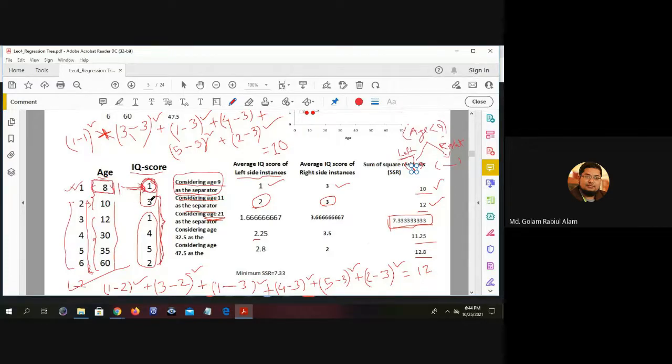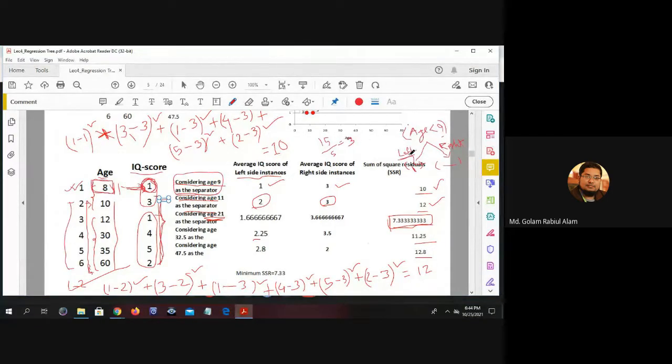So on the right side, that means 3 plus 1, this is 4, plus 4, 8. 8 plus 5, 13. 13 plus 2, here is 15. 15, I have to divide by 5, because there are 1, 2, 3, 4, and 5 observations. So 15 divided by 5 is 3.